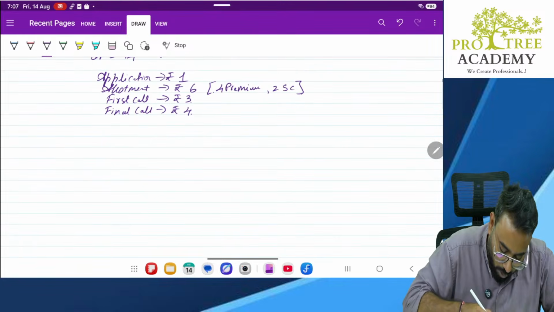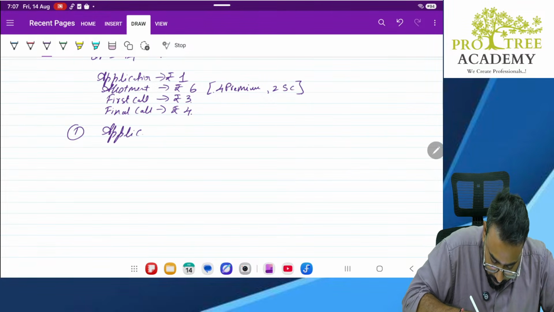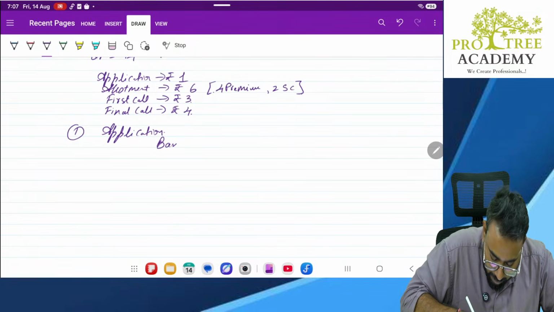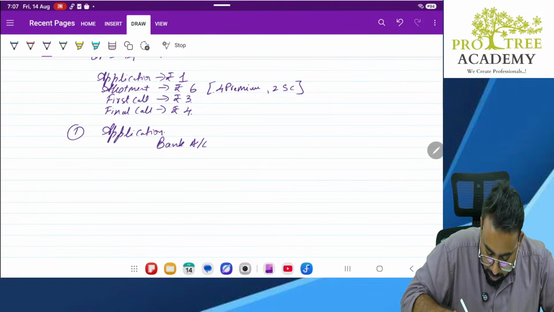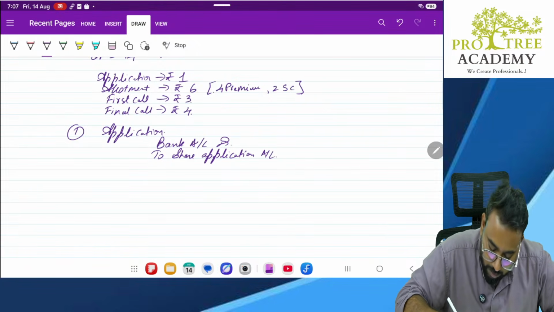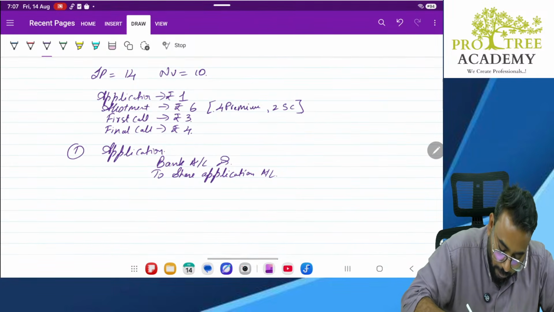Clear? So the first entry is on application. What is the entry? Bank account debit to share application account. Correct? Now what is the amount? ₹1 into how many shares are we issuing? 5 crore shares.